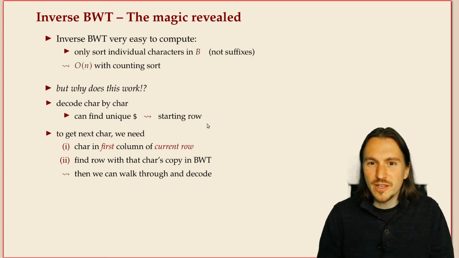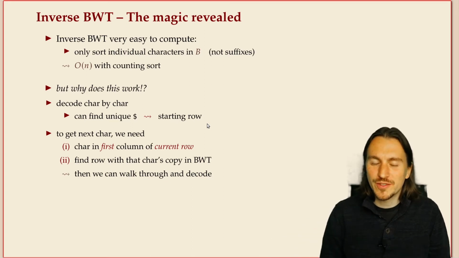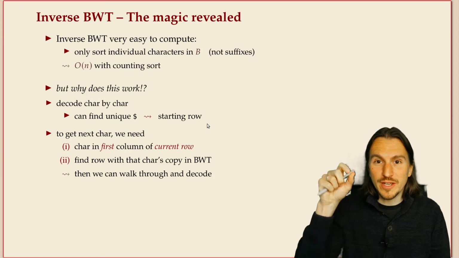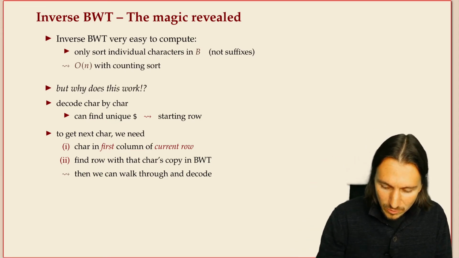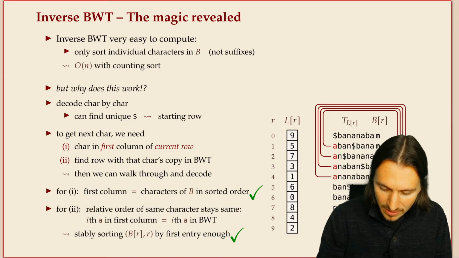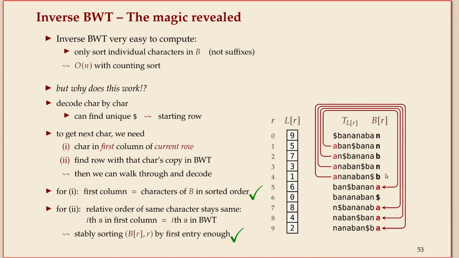So that tells you, in this sorted list of cyclic shifts, where is the starting row? Because then if you find the dollar in the right-hand side, you know where to get started. Maybe let me show this on the example. So the picture illustrates the second point, but I want to first look at this again.